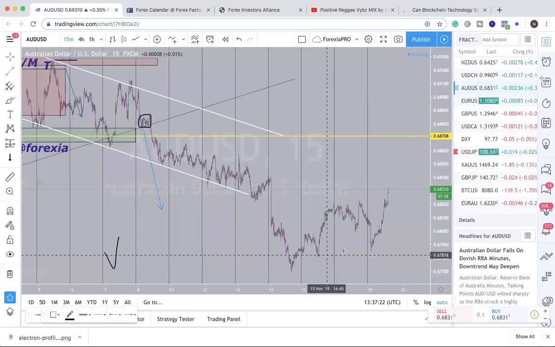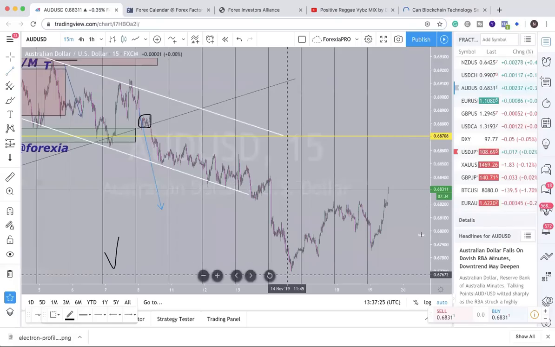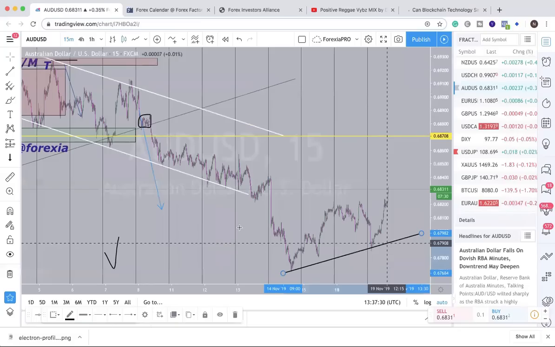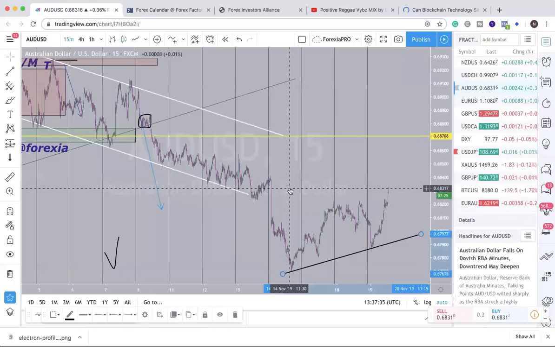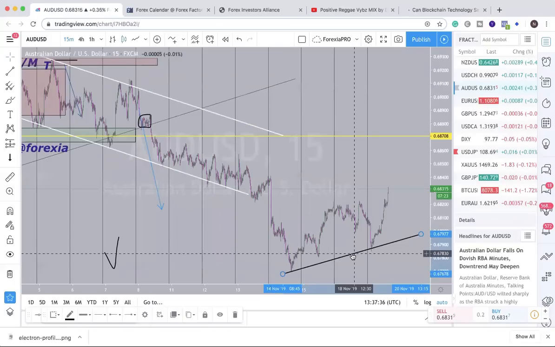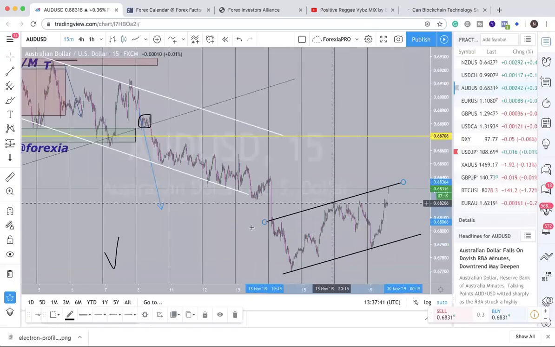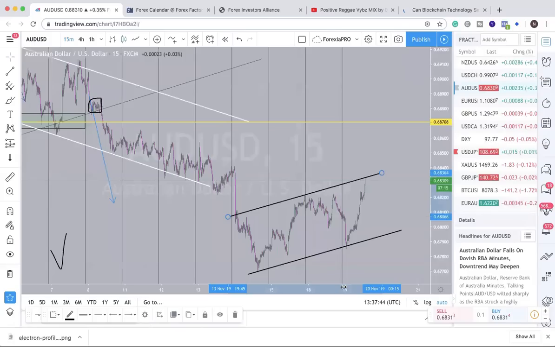We don't take continuations of moves. We go for the reversal of an obvious trend. When a trend becomes obvious, that's most likely when it's going to reverse. When a trend can easily be plotted like this, it's most likely to reverse.